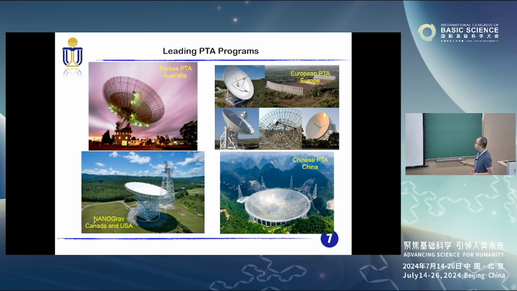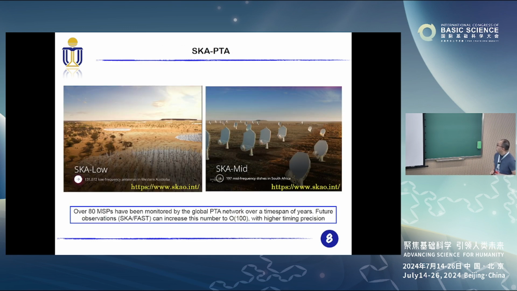This one is the European PTA program, led by Europe, and NANOGrav is led by Canada and the US. And this is the Chinese PTA, led by China. We also have the next generation PTA program, SKA PTA. And these two panels are just some cartoons.